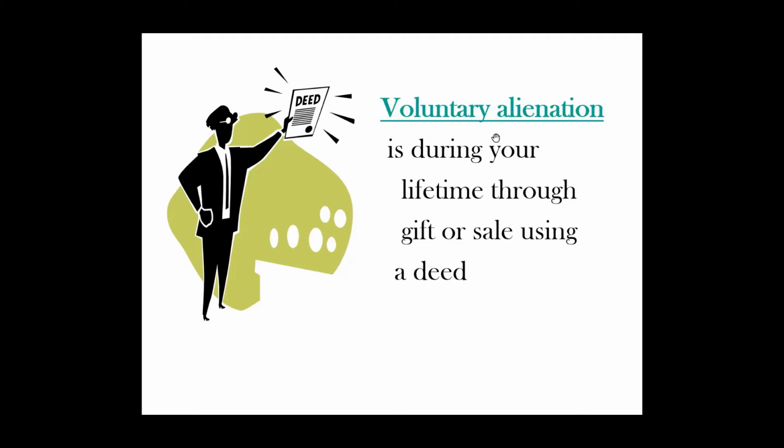Because again, if we review back, your mother could decide to give you her house as a gift, right? So let's say you're getting married and your parents are going to give you a house. They're not selling it to you, but they're giving it to you as a gift.